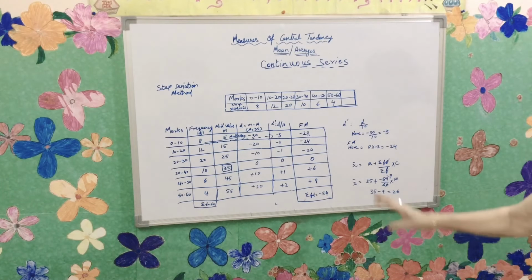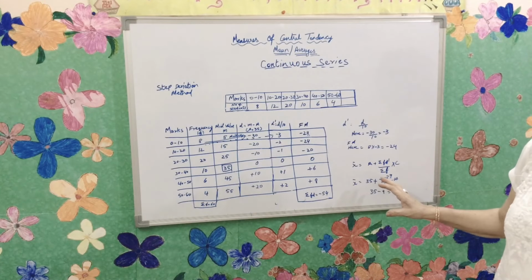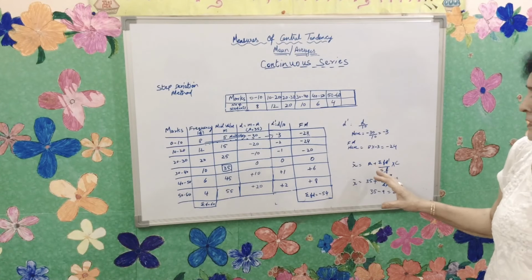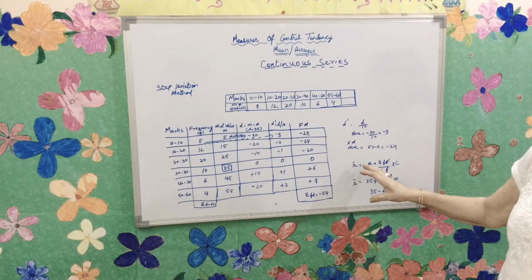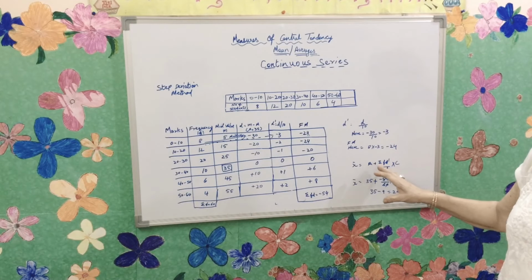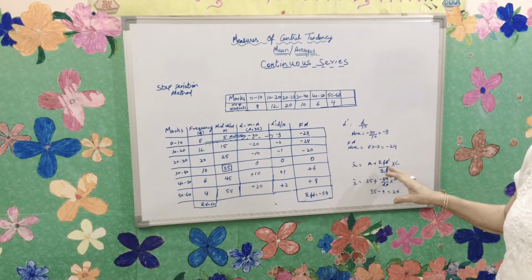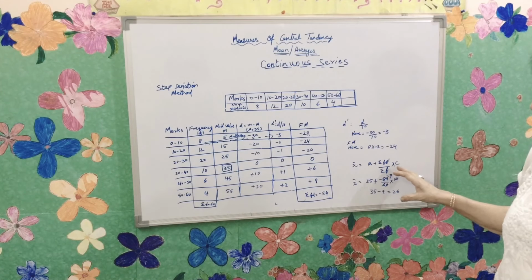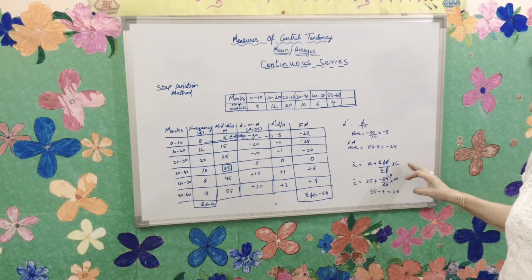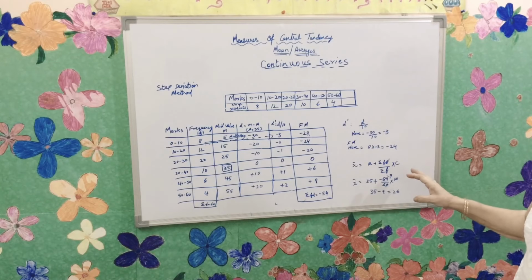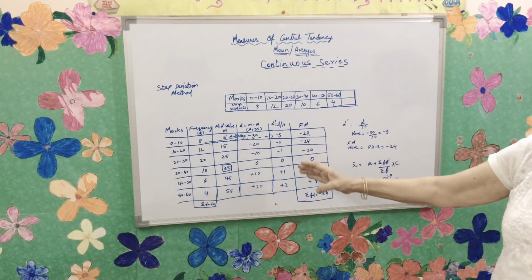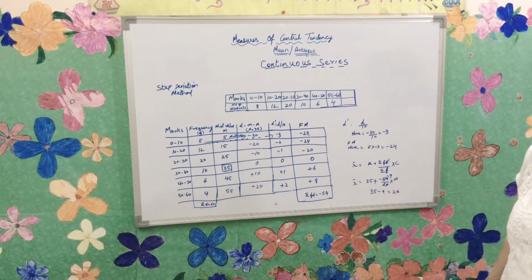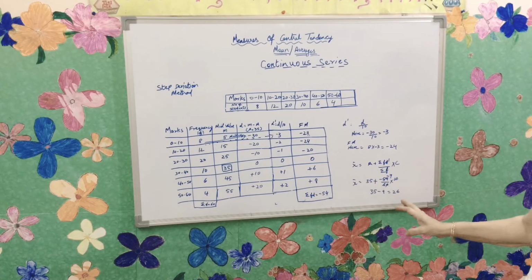Now we apply the formula of step deviation, that is x bar is equal to A plus sigma fD dash upon sigma f into C, the common factor. Here the common factor is 10. Now we put values.